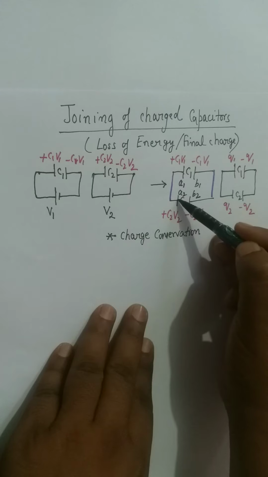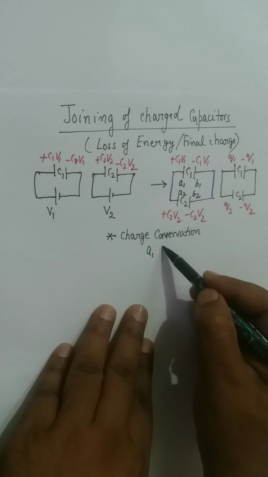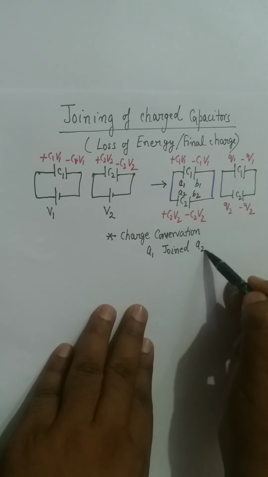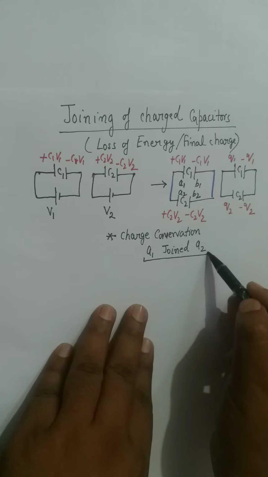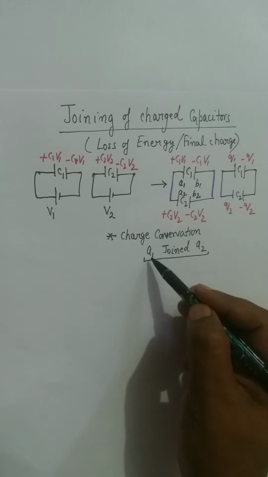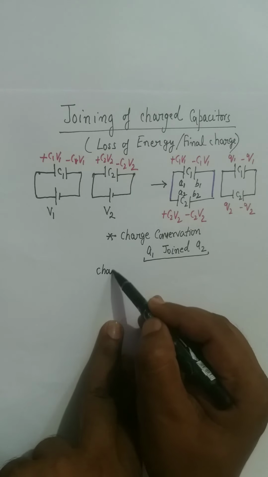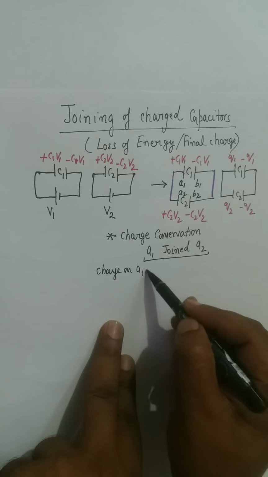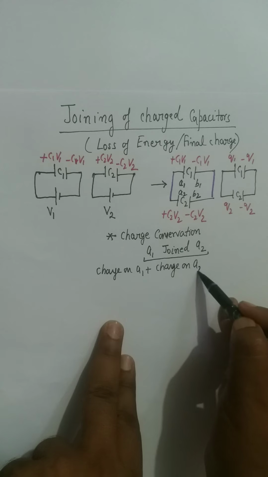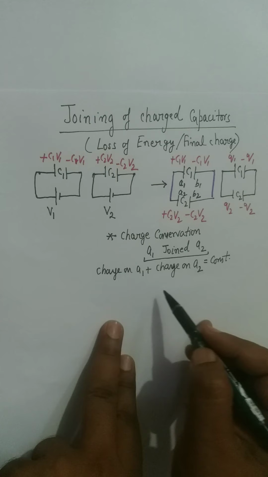Since A1 is joined with A2, the total charge on the two plates A1 and A2 must be conserved. The charge on plate A1 plus the charge on plate A2, the two plates which are connected together, must be a constant.